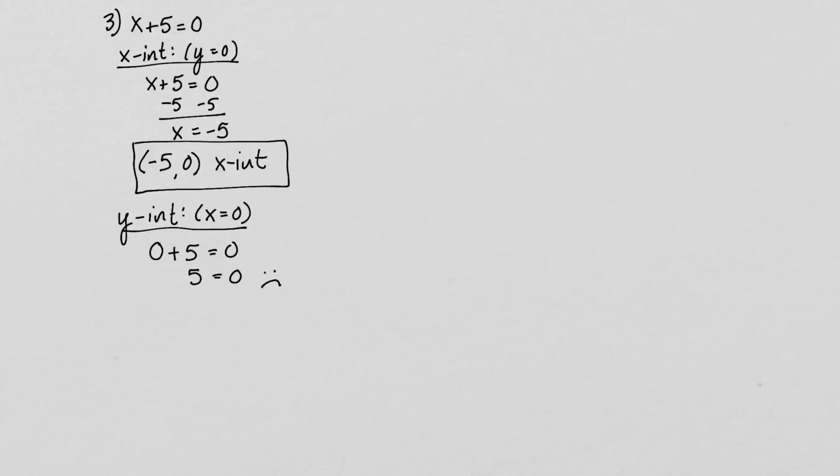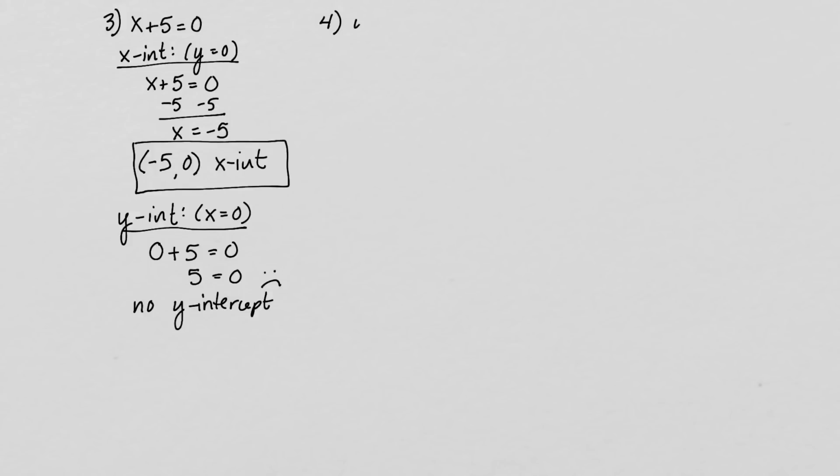So what that means is there is no y-intercept. And that makes sense because this line here is a vertical line, which means it's not going to cross the y-axis.